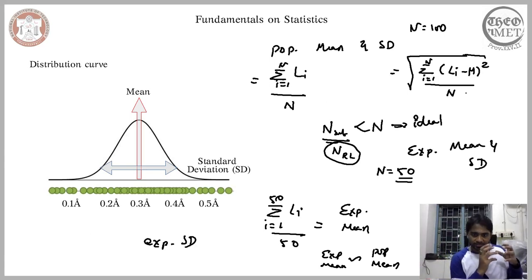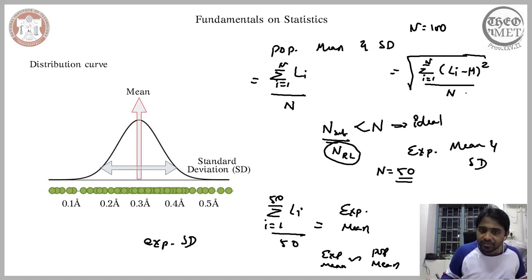So the expected standard deviation and the expected mean, they are the mean and the standard deviation that we usually calculate in a practical instance when the population is not as ideal. So essentially, we have now made the difference between population mean and standard deviation to that of the expected mean and the standard deviation.